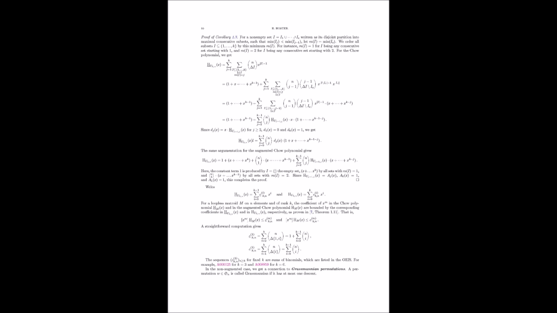Interesting. But the challenge is to figure out precisely what they're counting. That sounds like a fascinating open problem ripe for exploration. Imagine unlocking the combinatorial secrets hidden within these higher order coefficients. You could reveal even deeper connections between these polynomials and the worlds of permutations, matroids, and integer sequences.